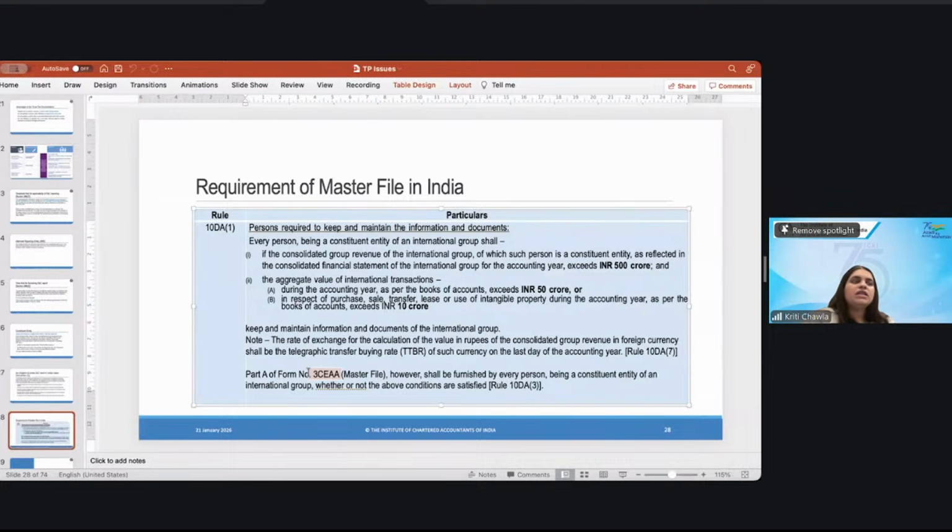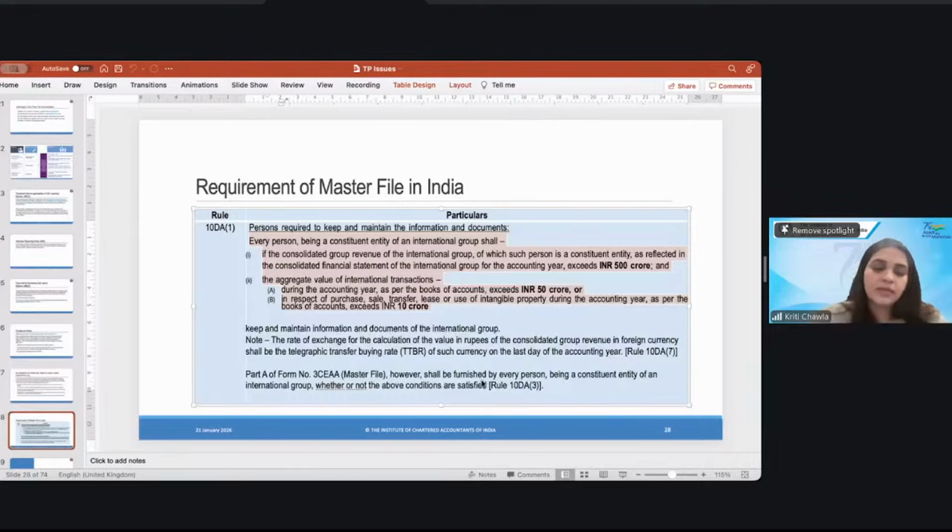Then there is Part B, and Part B is to be furnished only when these conditions are satisfied. What are these conditions? The first condition is that the consolidated group revenue of the international group from the consolidated financial statements should exceed 500 crores. And if you look at the international transactions, the aggregate value of international transactions is 50 crore, or if you have intangible transactions, they should be 10 crores.